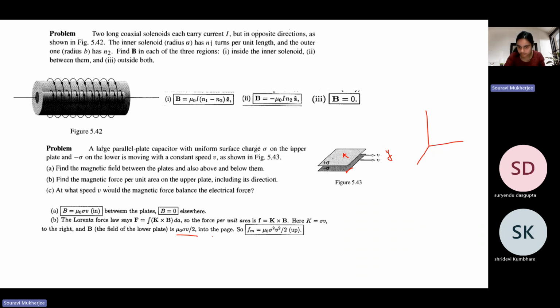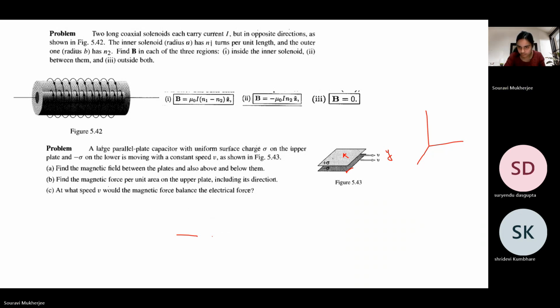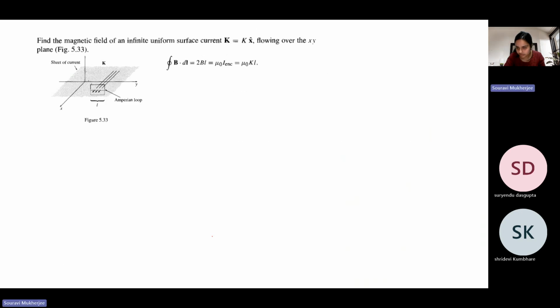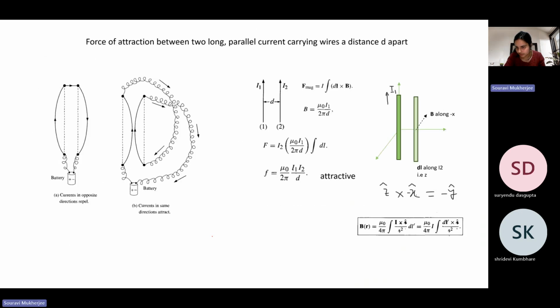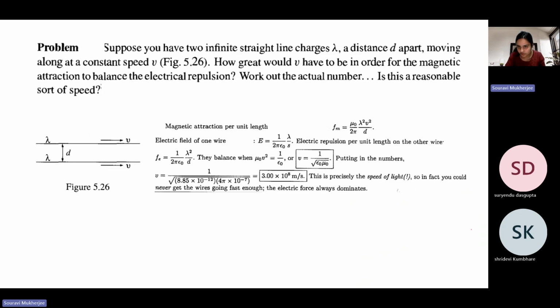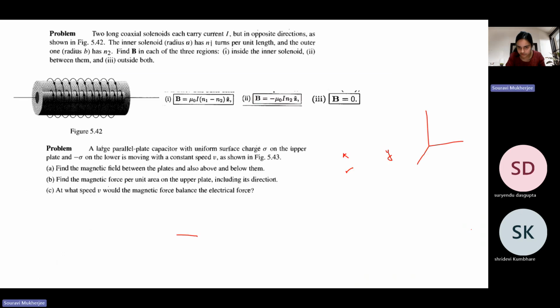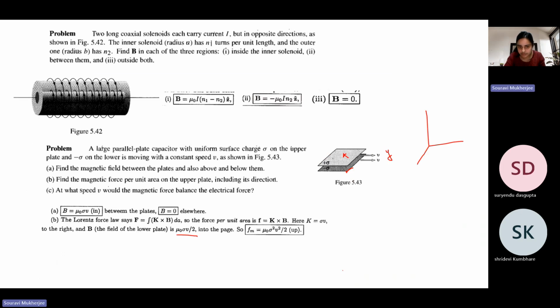Basically, you are using the relation given by the Biot-Savart law. This relation gives us the direction, which is into the plane, that is minus x.